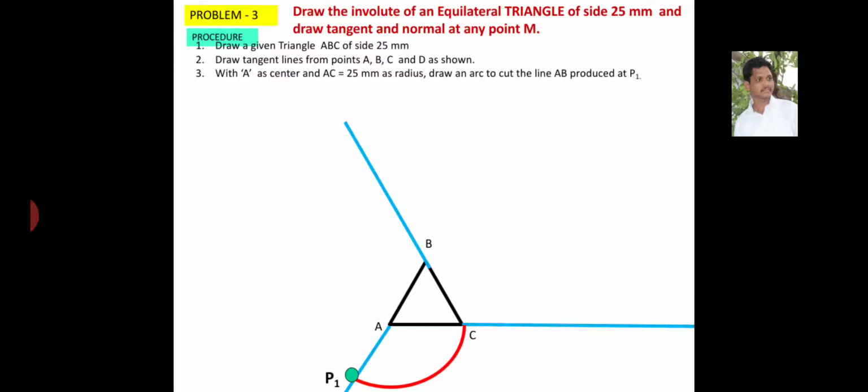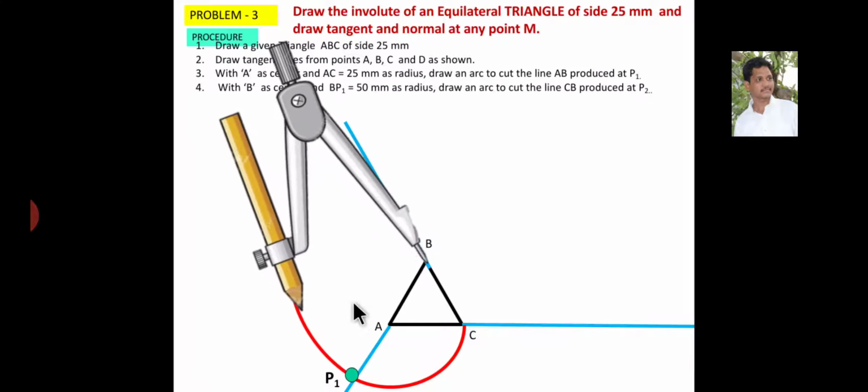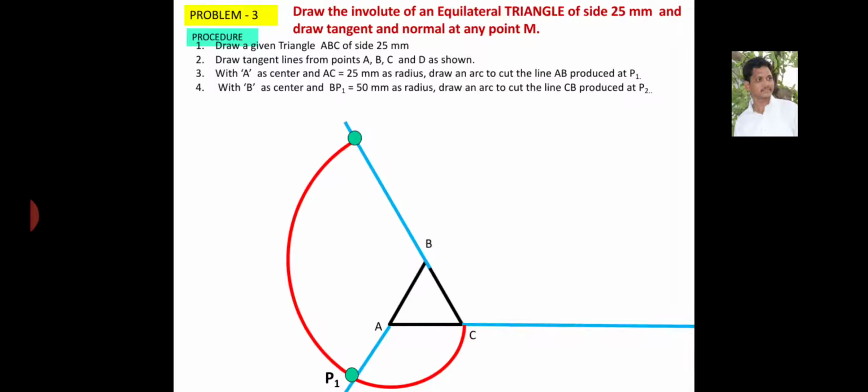Similarly, with B as center and BP1 as radius, draw an arc to cut the line BC produced at point P2.